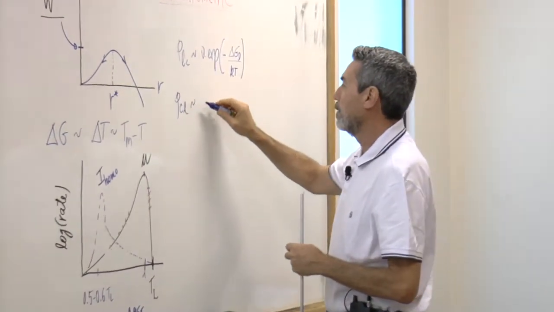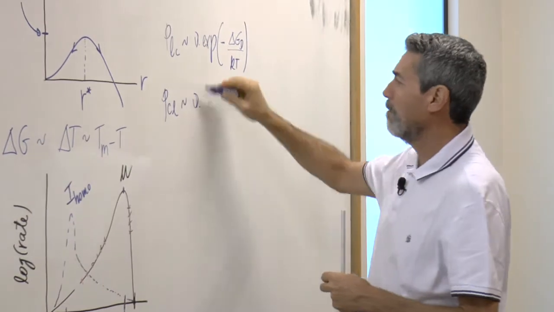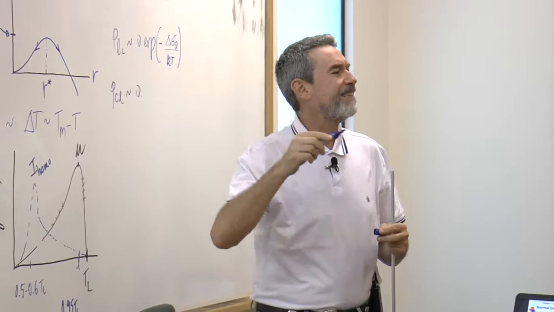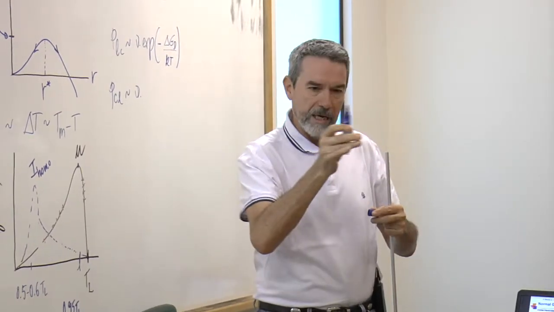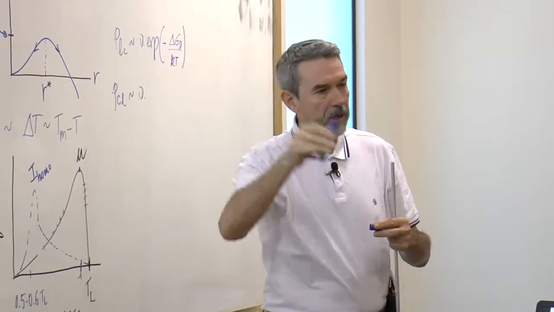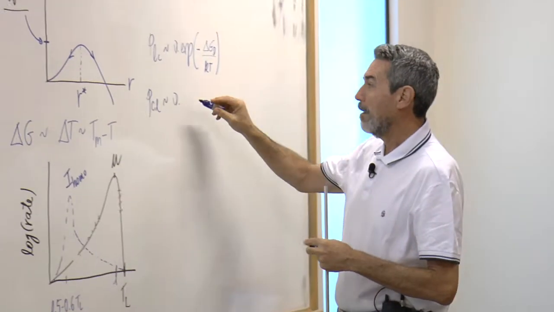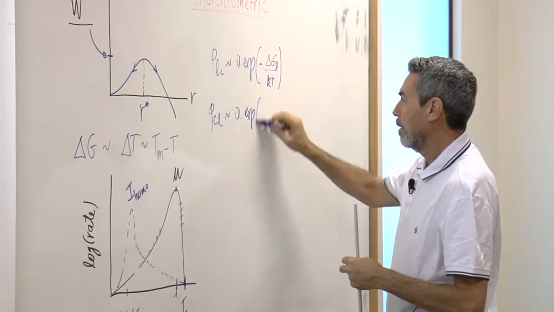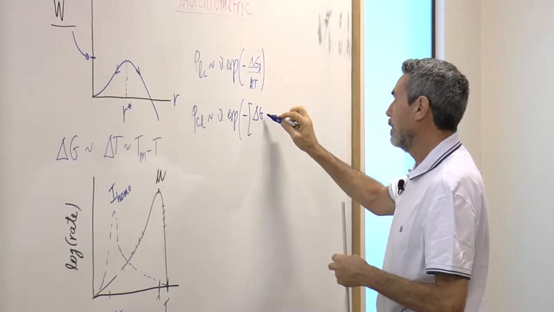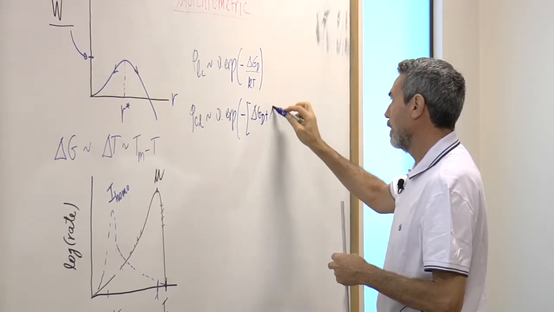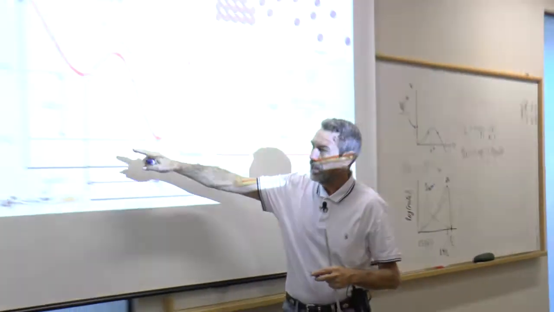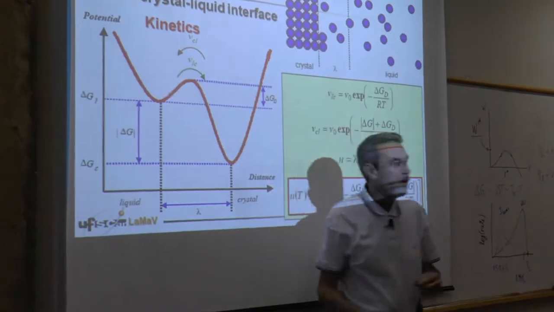It's proportional to the vibration frequency. The vibration frequency is of the order of 10 to the power 13 hertz or so. The atoms are vibrating, and the more they vibrate, the higher the probability of jumping. And now it's exp of minus delta GD plus delta G, this delta G here, in modulus.